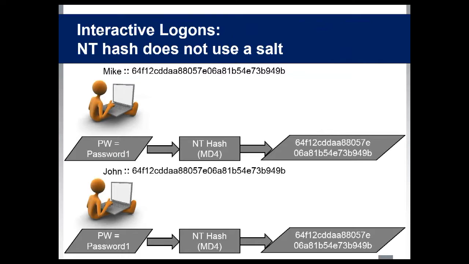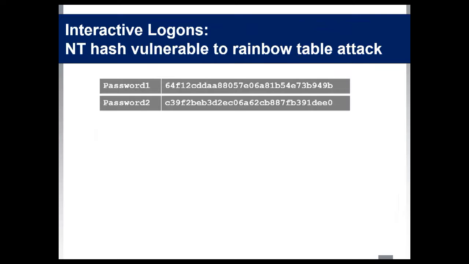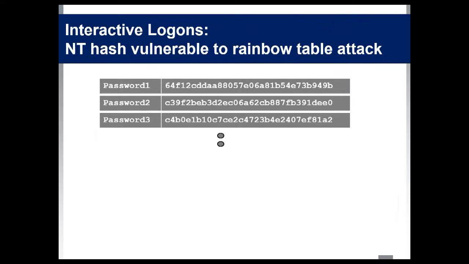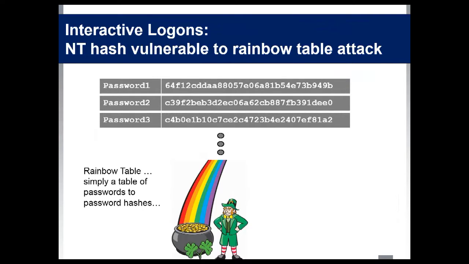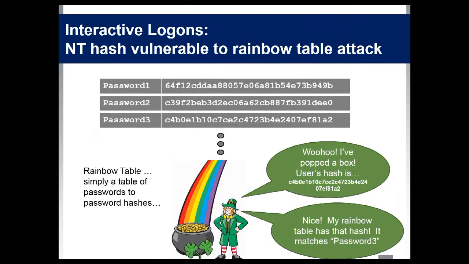So this sets up what's called a rainbow table attack, where attackers can essentially take the time and effort to pre-compute a whole bunch of passwords and their corresponding password hashes, and you get this massive database, and that is essentially a rainbow table. And then our little leprechaun attacker there can steal a user's password hash, and if they have a rainbow table that's got the corresponding password that would have created that hash, well, now they have the password.